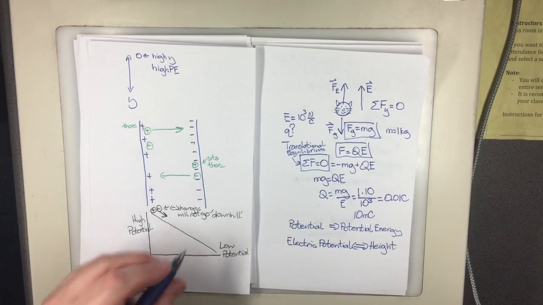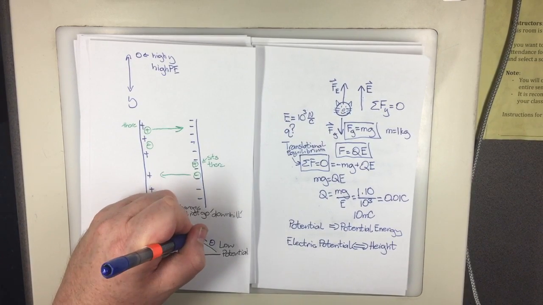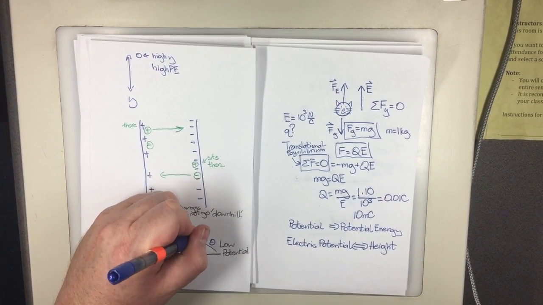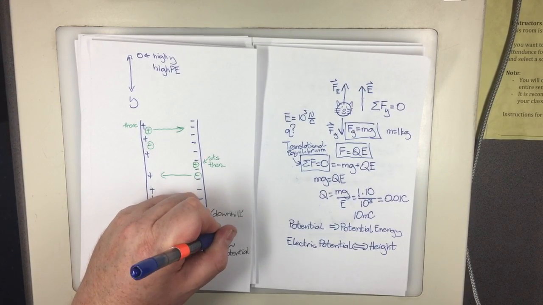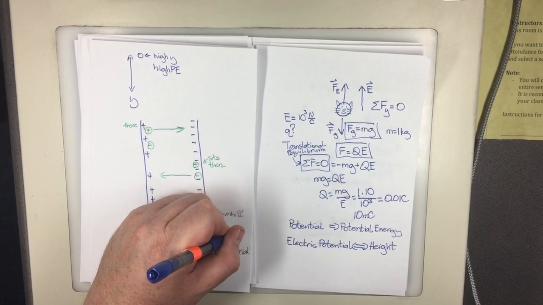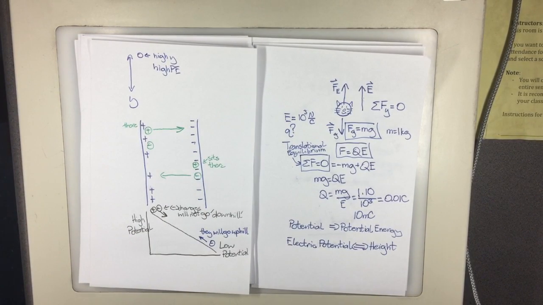But what they will do is that negative charges will go uphill. It's a horrible word to use, and I really shouldn't use it, but people say it's theoretically possible.